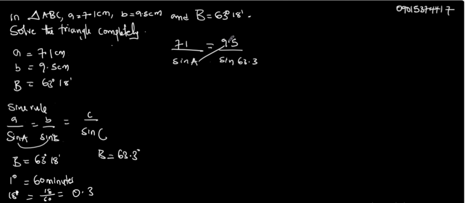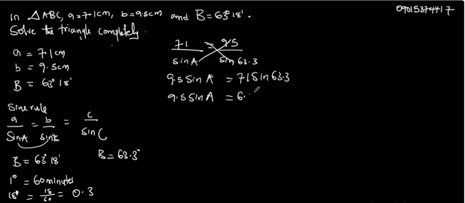Now, to find sine A, we cross multiply, so that 9.5 multiplying sine A will equal 7.1 multiplying sine 63.3, and that gives us 6.3429.